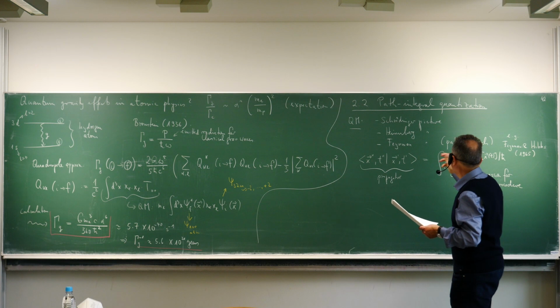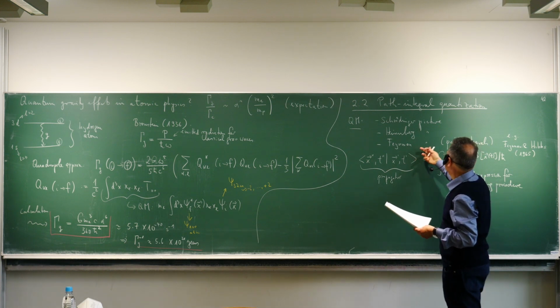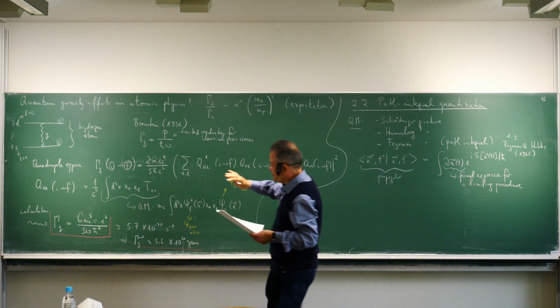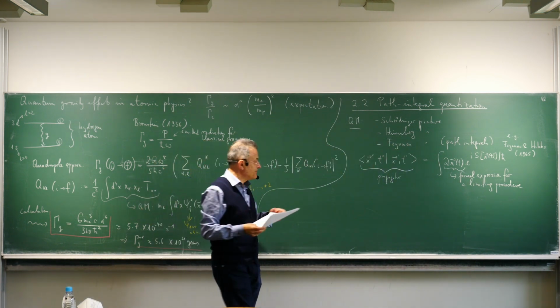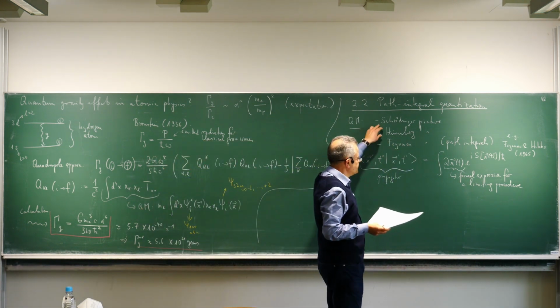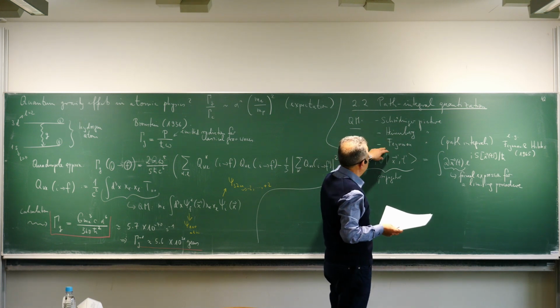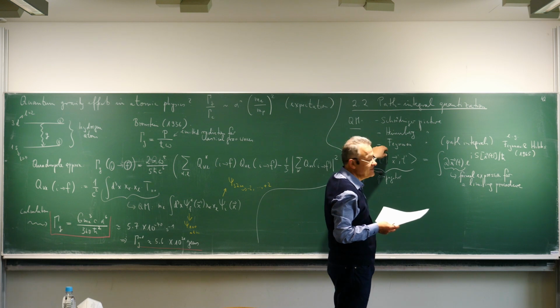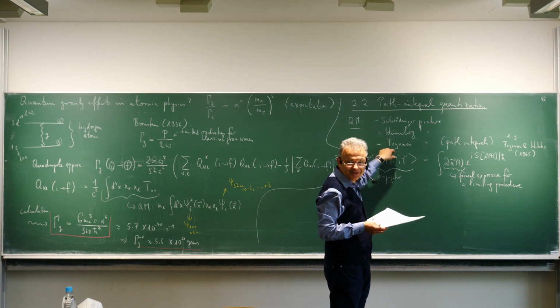Now, this has advantages and disadvantages. If you are interested in calculating, say, the spectrum of atoms such as the hydrogen atom, which you do with the Schrödinger equation, you can do it here, but it is very complicated. Actually, only in 1979 was it possible to do it with path integrals.